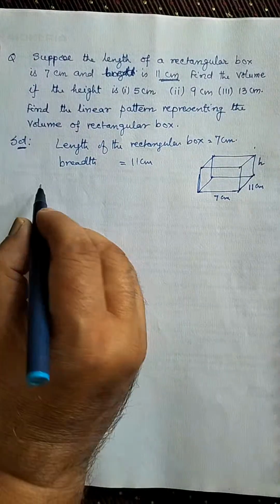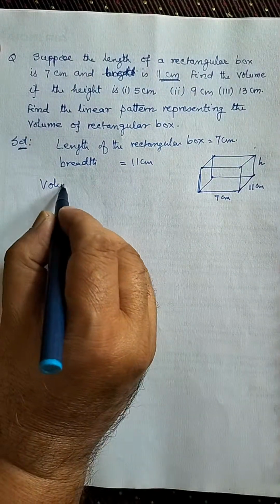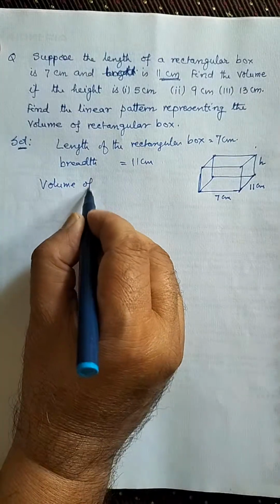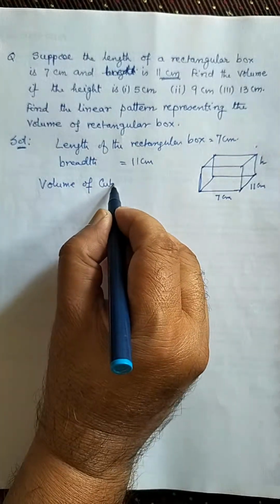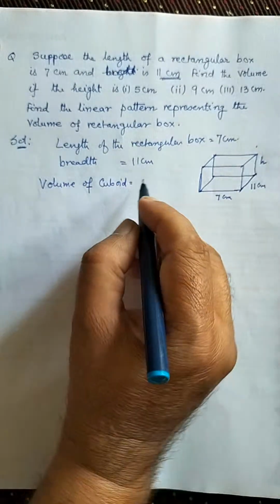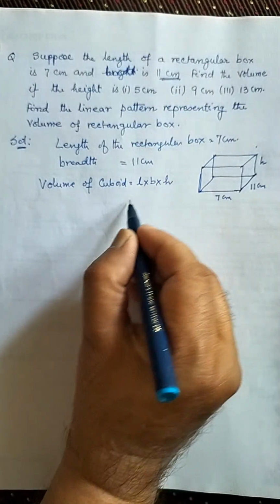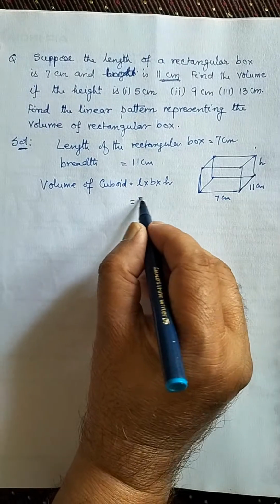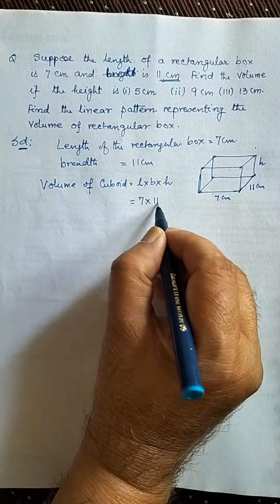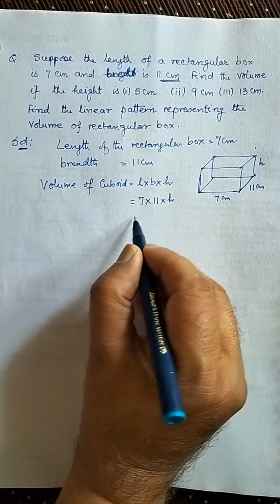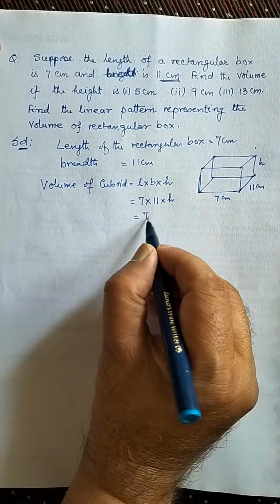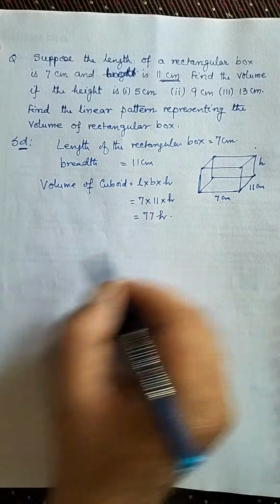Then you know the formula for volume. Volume of cuboid is length into breadth into height. Here we are given length 7, breadth 11 and height h. So we have the volume as 77h, right?